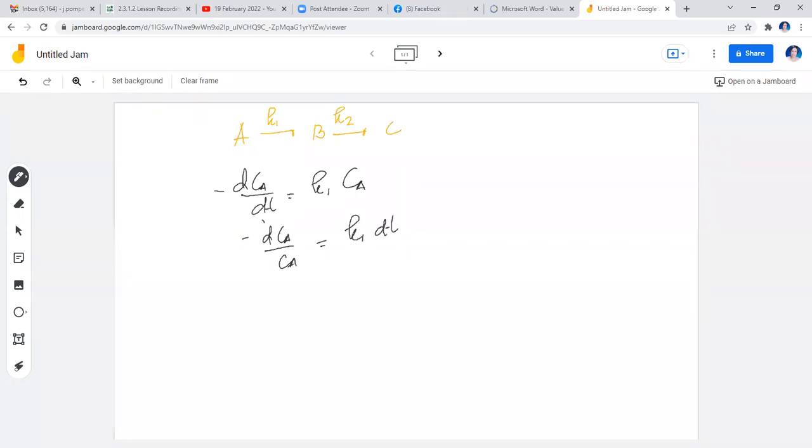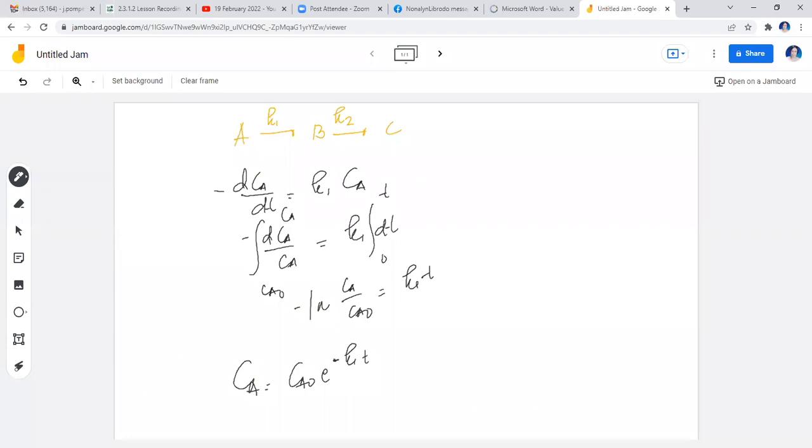Now, if you will integrate from CaO to Ca, from 0 time to T time, you will have ln negative of Ca over CaO equal to K sub 1 T. If you'll transfer the negative sign in here and raise everything to E, you will have Ca equal to CaO E raised to negative K sub 1 T. I'm sure some of you could still remember this.